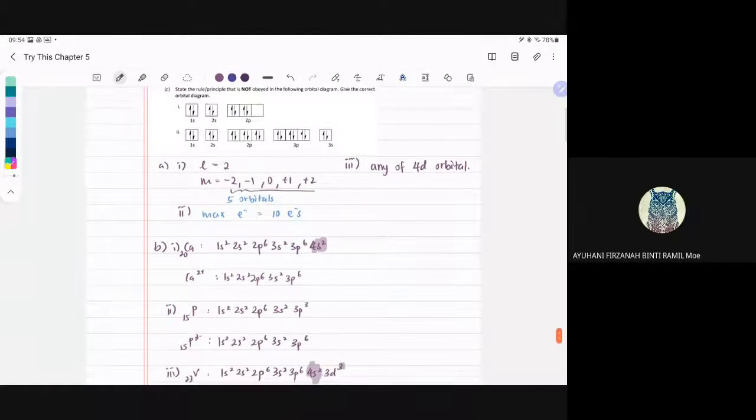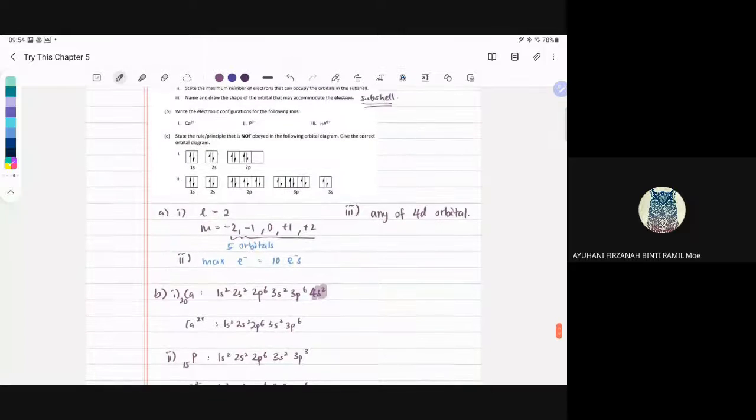And now, C. State the rule or principle that is not obeyed in the following orbital diagram. Give the correct orbital diagram.